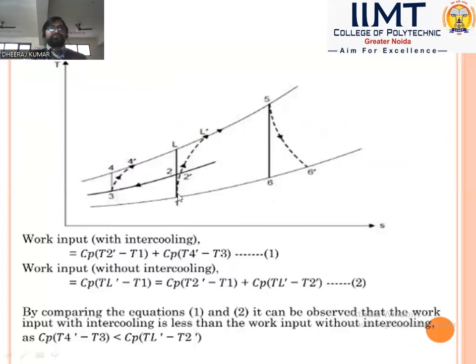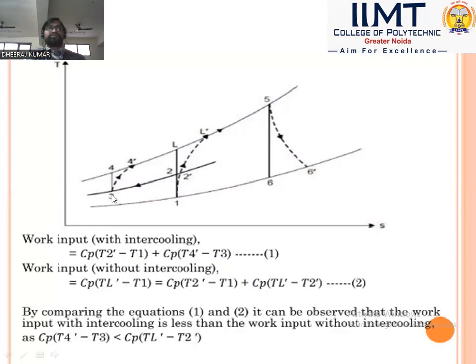Process 1 to 2 is the low pressure compression process where pressure is increased. This is the P1 pressure, this is the P2 pressure, and this is the higher pressure. So first, low pressure compression process 1 to 2. Then intercooling: 2 to 3 is a constant pressure line and heat is rejected.